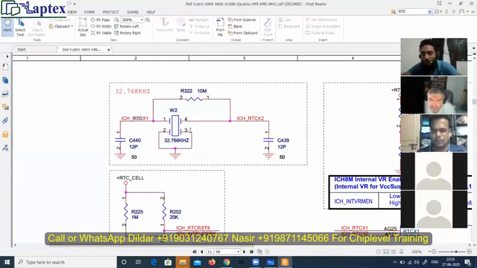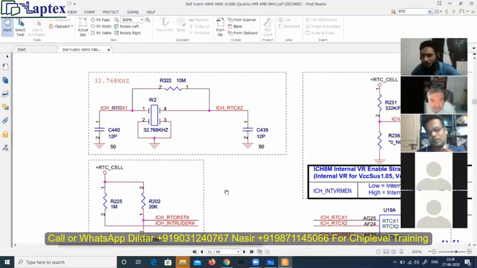When you go through all those things and watch the video, you will understand that all the requirements are not fulfilled, still SUS ON is coming out. How is it possible? Sometimes there is a mysterious problem as well. I still didn't understand what the problem was, but by changing this crystal, the problem was solved. I'm still finding out why SUS ON was coming out, because it is the S5 state supply and it should only come when all the requirements of IO are fulfilled.